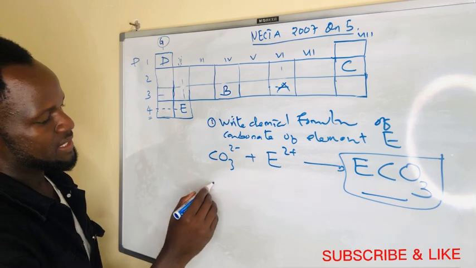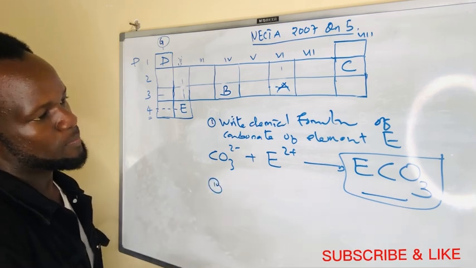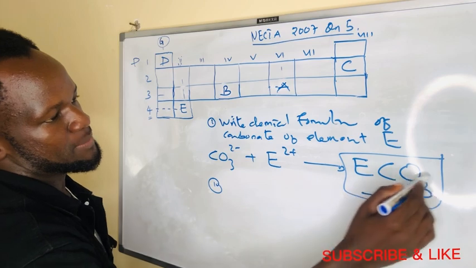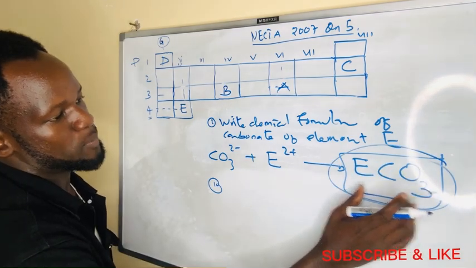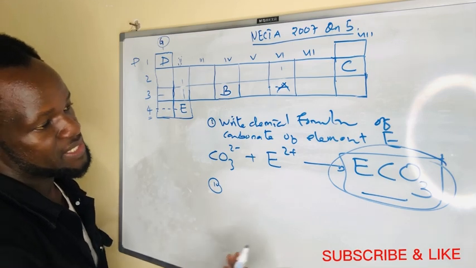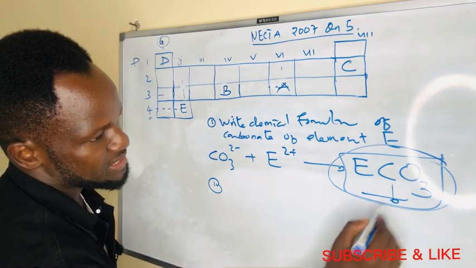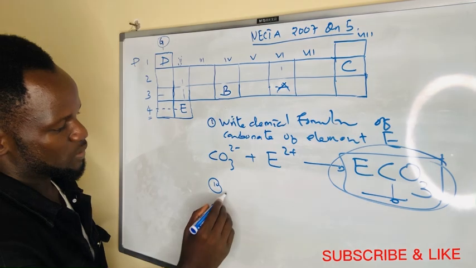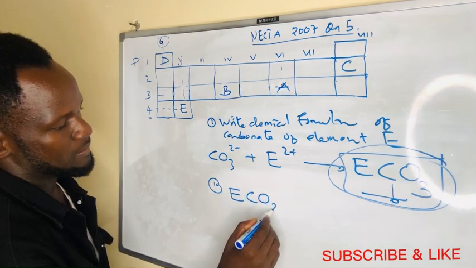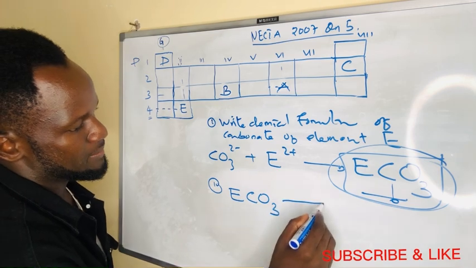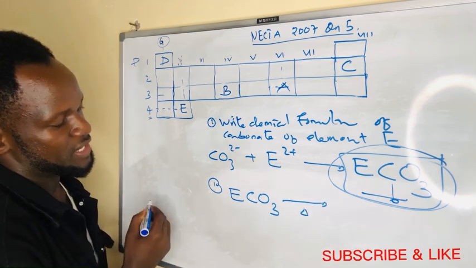The last question is to write a decomposition reaction of this substance. Decomposition means you break a large substance into smaller substances. So we take this formula, ECO3, and decompose it in the presence of heat.